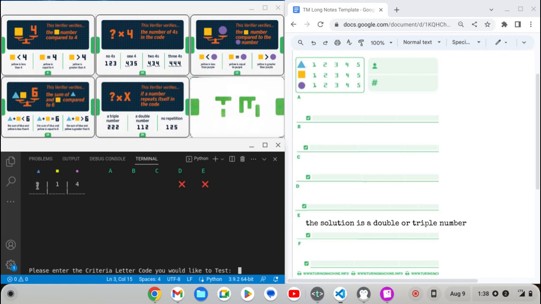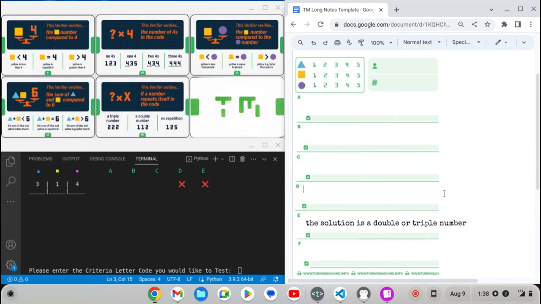Notice that I did choose a 3 for triangle and 1 for square. That sum is less than 6, but the Turing Machine does not approve of that. So it's telling me that the sum of the first 2 digits is either 6 or greater than 6. So let's go ahead and update the notes on section D.